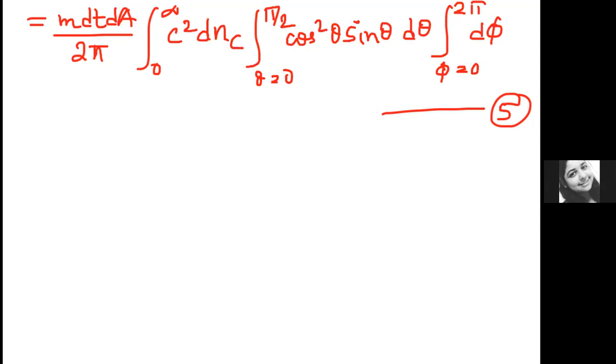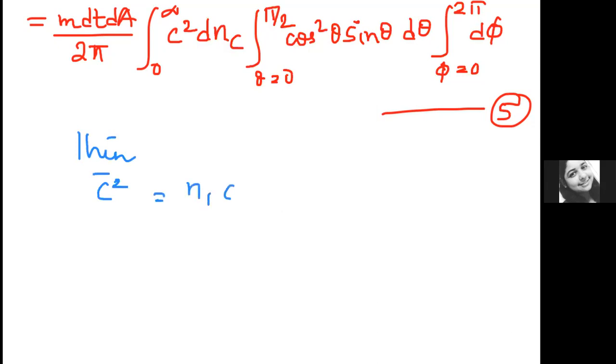So if per unit volume N1 number of molecules have velocity C1, then N2 number of molecules will have velocity C2 and so on. I'm repeating: if per unit volume we have N1 molecules with velocity C1, N2 molecules with velocity C2, and N3 molecules with velocity C3 and so on, then we can calculate c bar square. How?